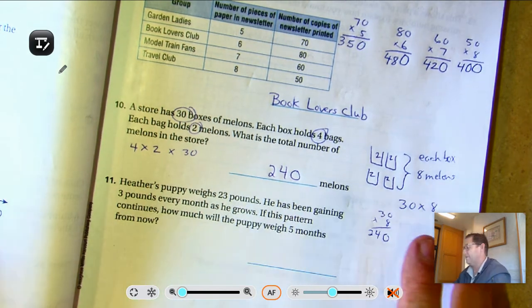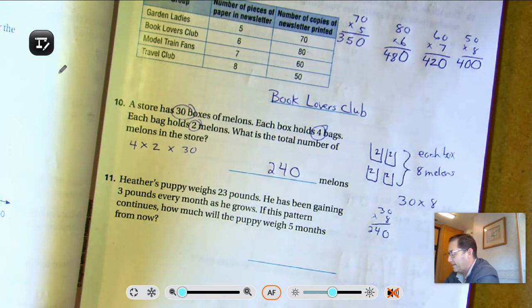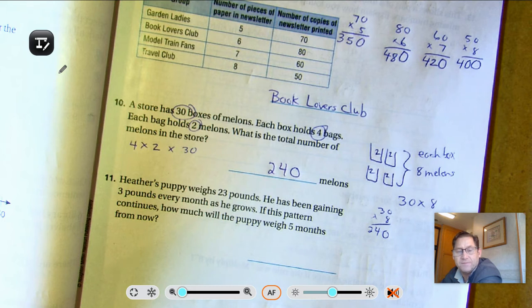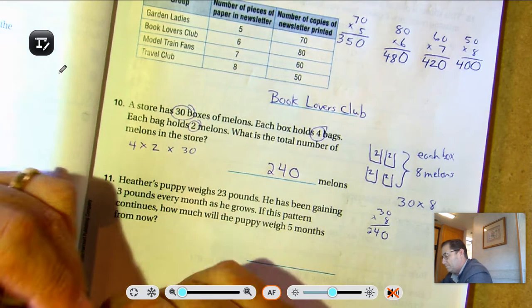All right, number 11. Heather's puppy weighs 23 pounds. He's been gaining 3 pounds every month as he grows. If this pattern continues, how much will the puppy weigh 5 months from now?